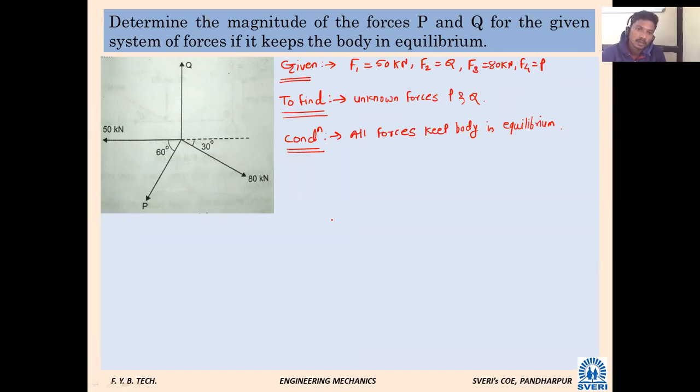So now, more precisely again, step by step, as body is in equilibrium, apply what? Conditions of equilibrium.